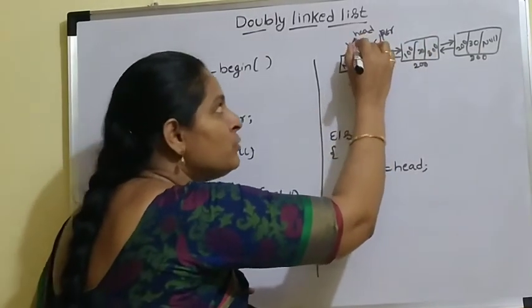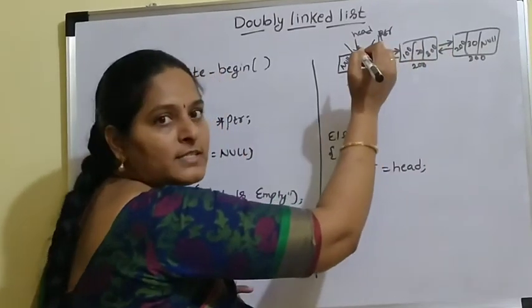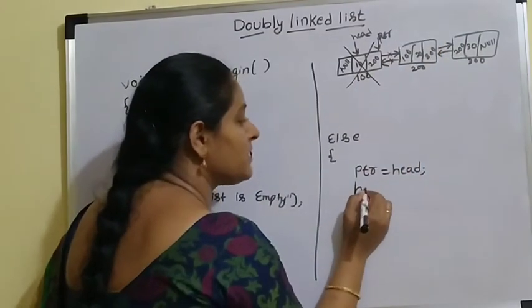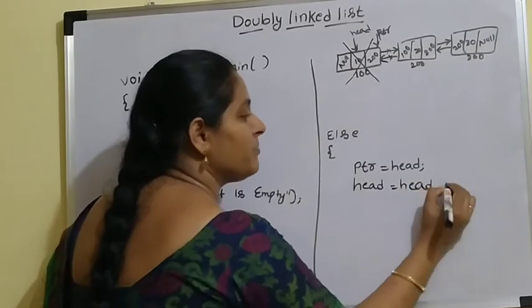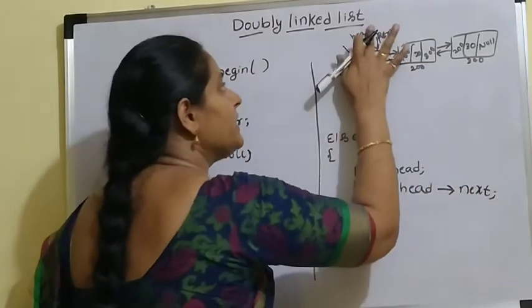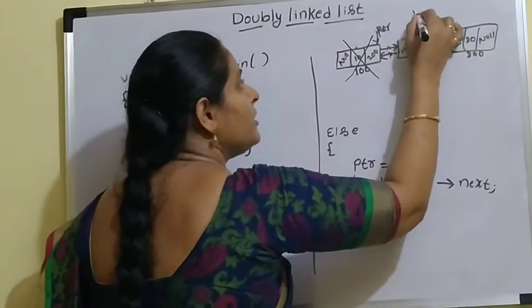So first move the head pointer to the next position, then disconnect these two links. So how to move the head pointer to the next position? Just write the statement as head equal to head next. When this statement is executed, your head pointer moves to the second node position.